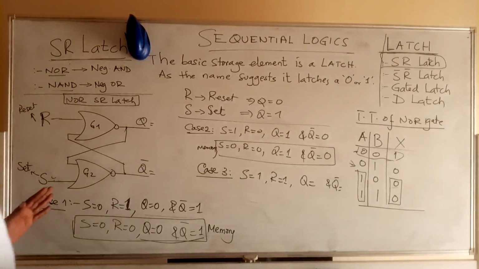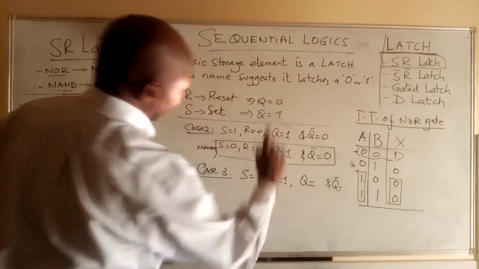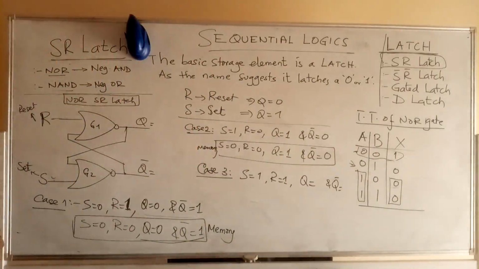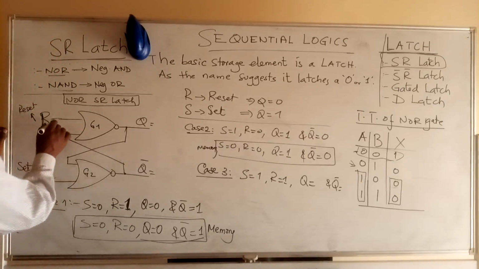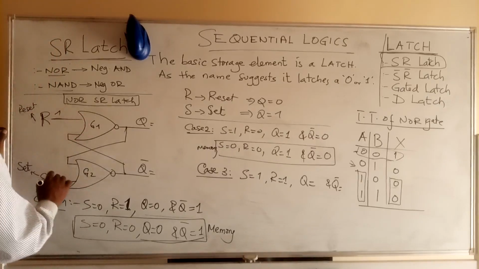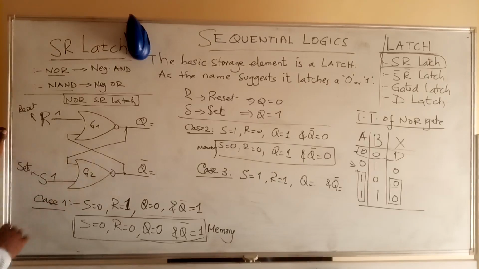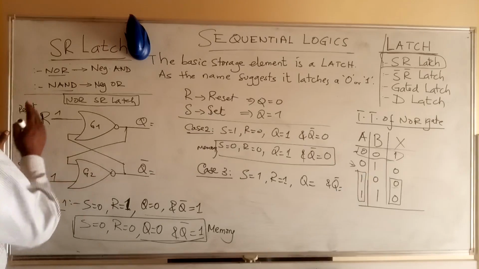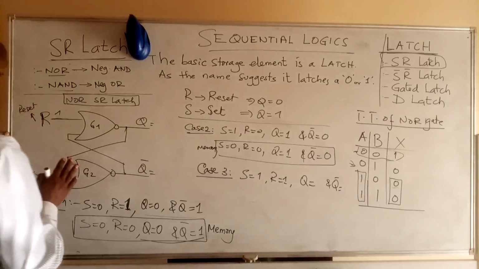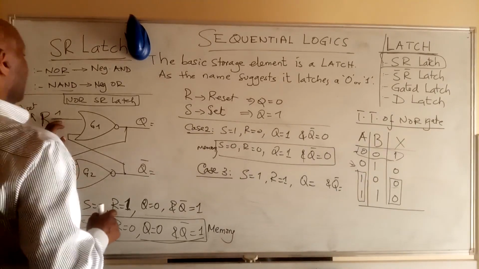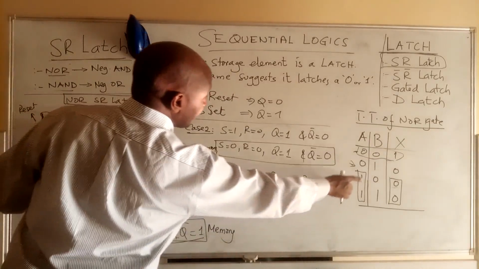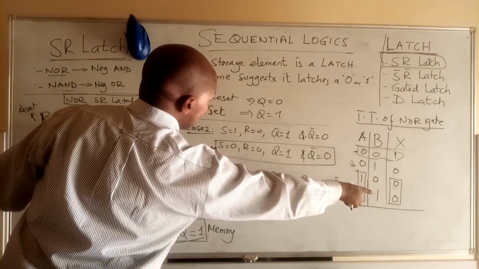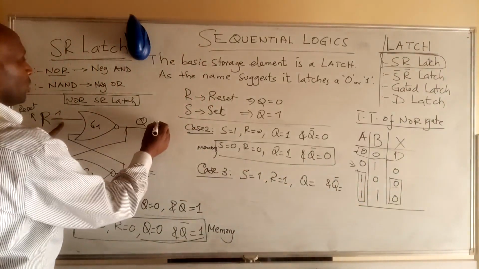We are setting S to 1 and R to 1. Set, reset. So if I reset means 1, and I set means 1. Now 1, 1. Remember, friends, whenever there is a 1, the output Q is 0. So Q is equal to 0.